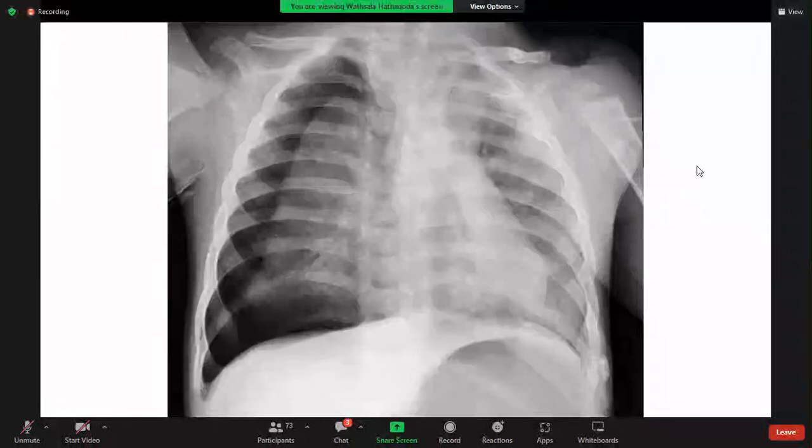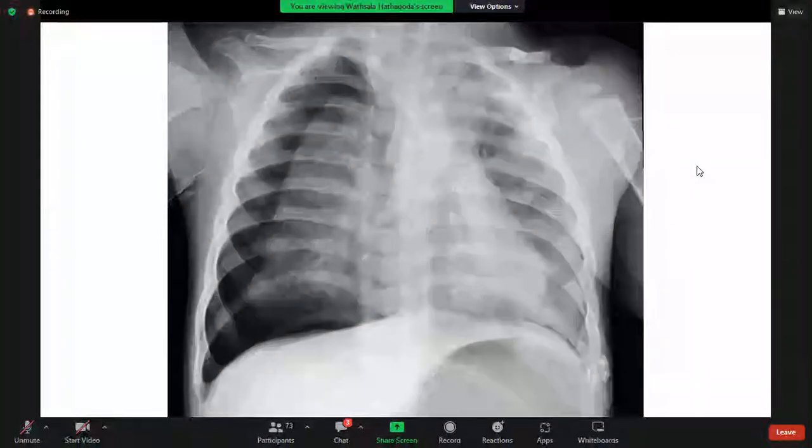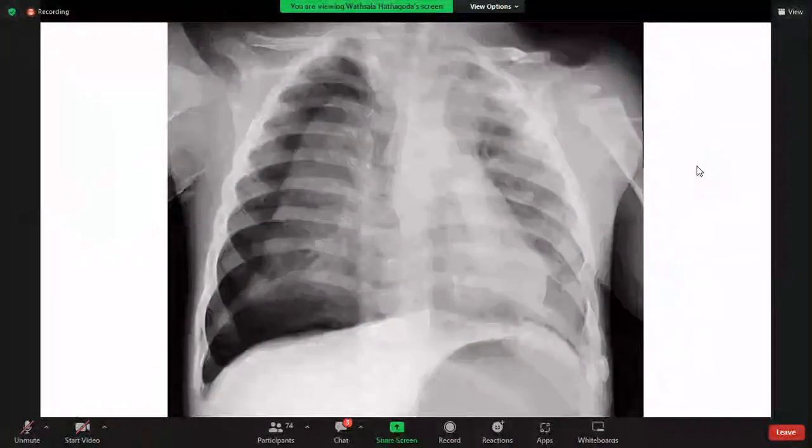How would you test for TB? We can do the Mantoux test, madam, or otherwise we can get the sputum for acid-fast bacilli microscopy and culture. Okay, how would you send this sputum? How many samples do you need to send? Three samples consecutively, early morning samples.